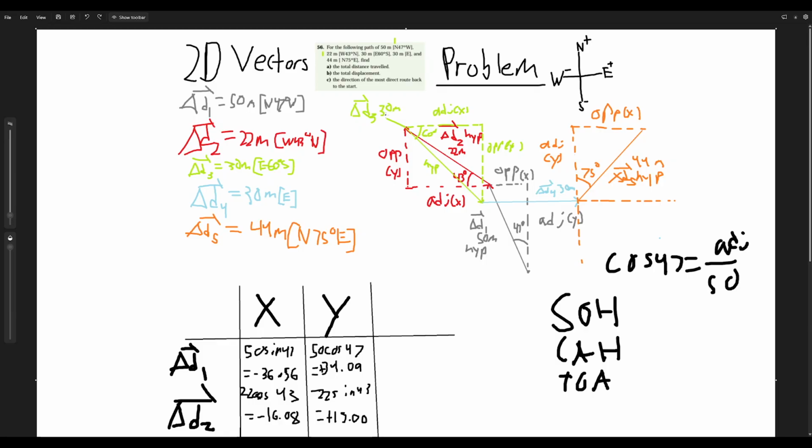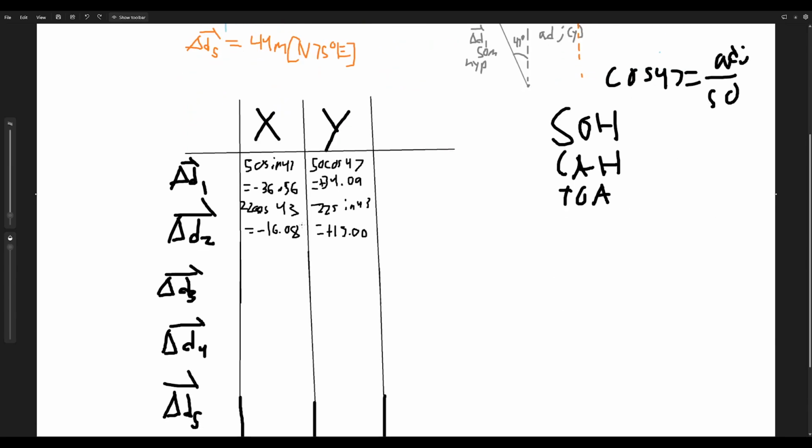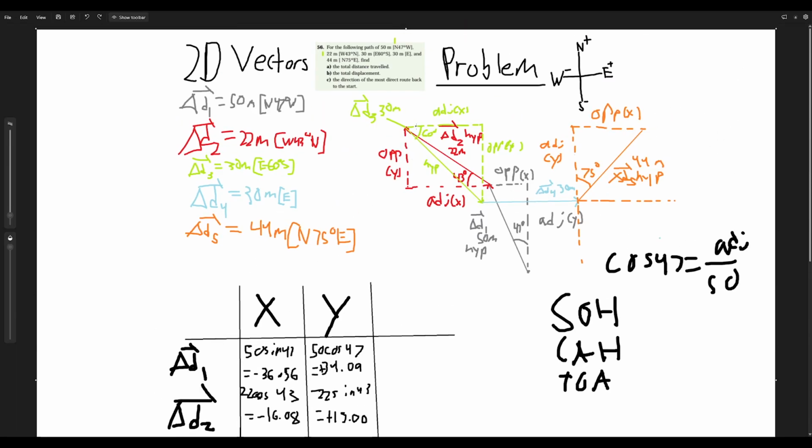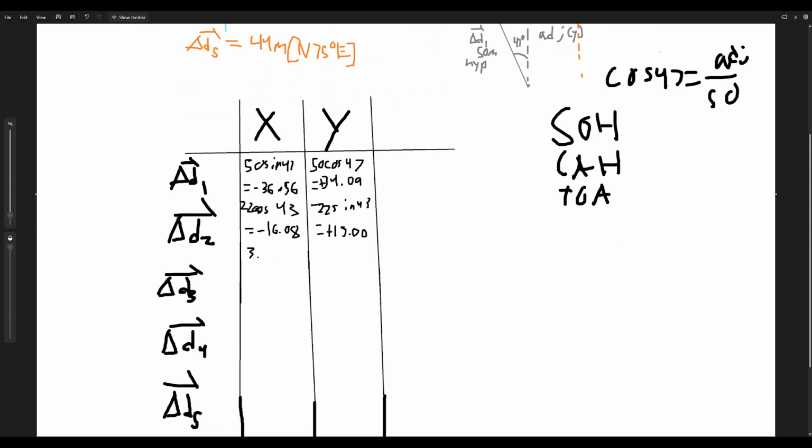Rearrange for adjacent, 30 cos 60. It's positive because this is moving east. I got 15 on the dot, so I'll just put plus 15.